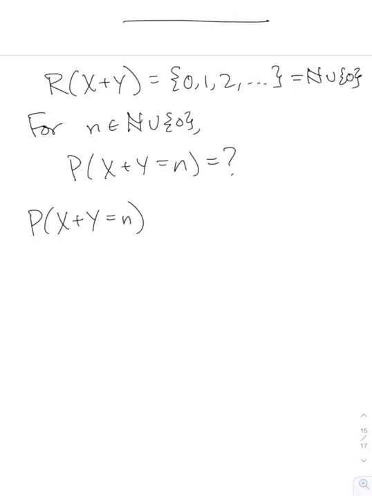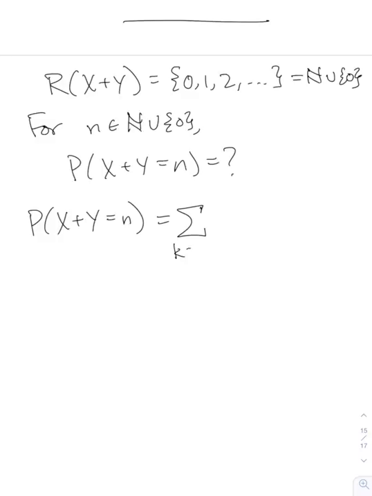So what can x be? If x plus y is going to equal n, then x certainly can't be bigger than n because y cannot be negative. So x must be an integer between 0 and n.